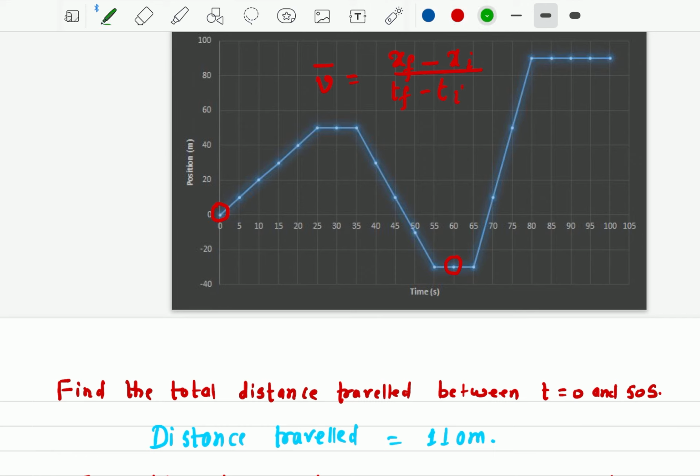Okay, so let's find our final position. The final position here, at time 60 seconds, is this position, and if I look at the graph, this is -30. So my final position is -30.